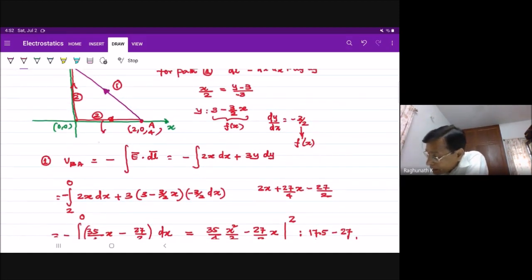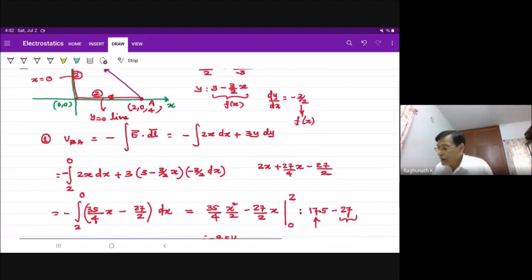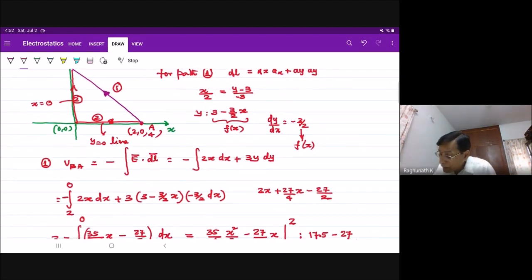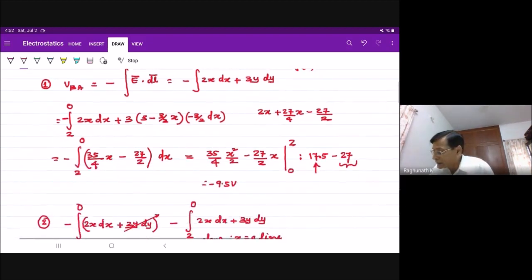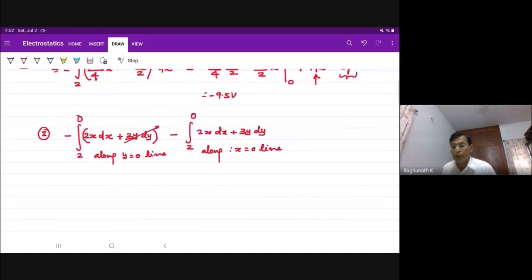The initial part is the y equal to 0 line because it is the x-axis. Along this path there is no dy because y is constant. On the next part of the second path, along the y-axis, x is equal to 0, because of which dx is equal to 0.